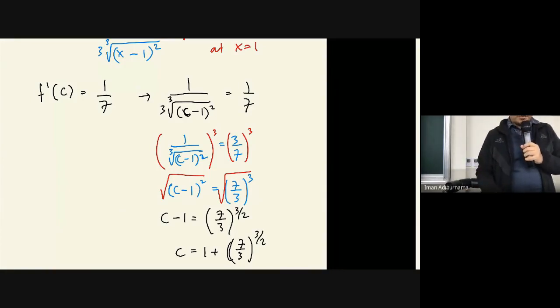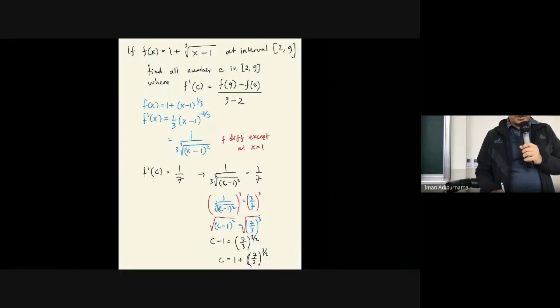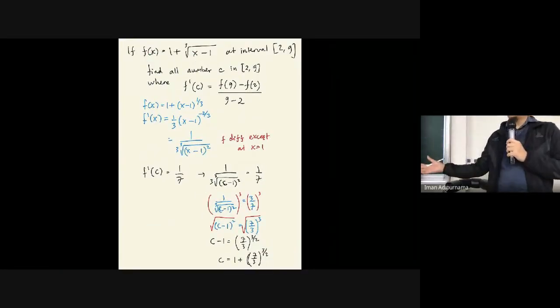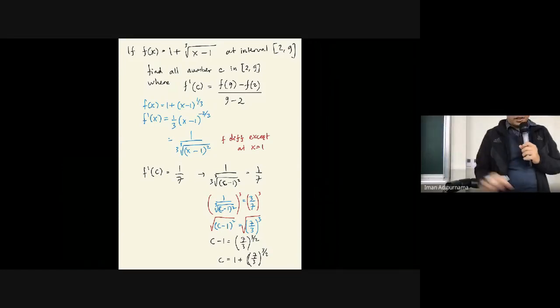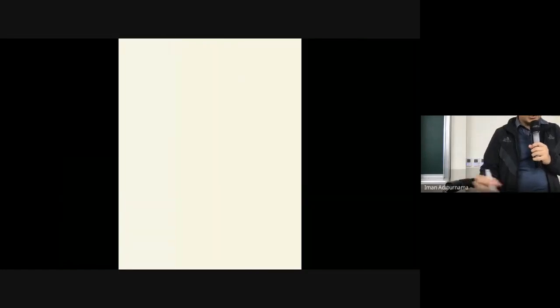Another example with the mean value theorem. So this is an example to find C, and all is a direct approach. You just need to put the numbers in and calculate with the formula. Another example is if you have the values, and you don't really need the whole function, you have given the values of the function and the derivative.